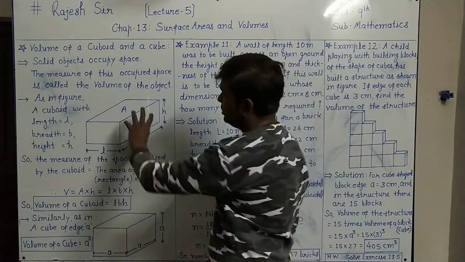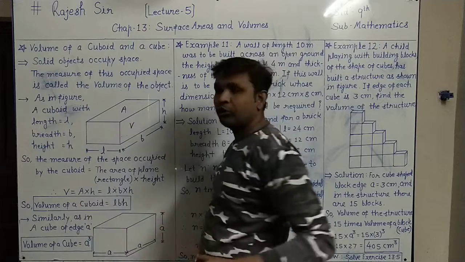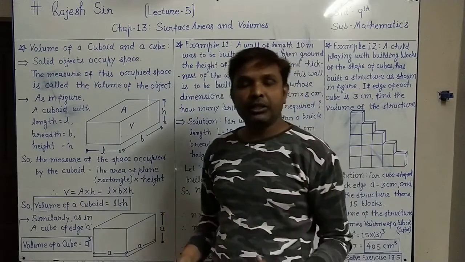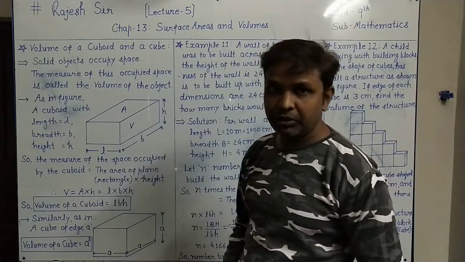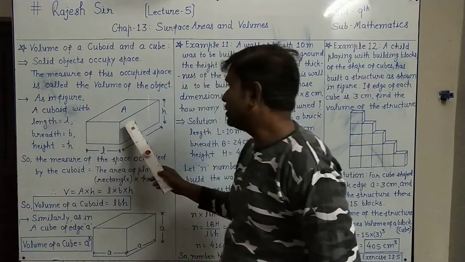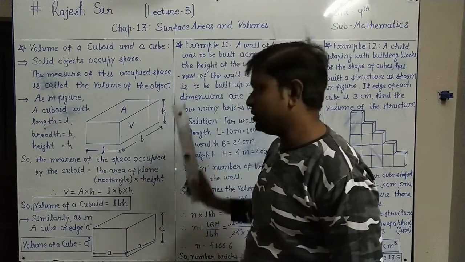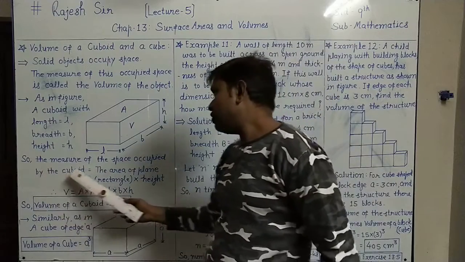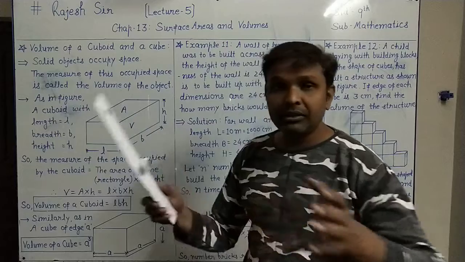The volume is the space it occupies. So as in the figure, a cuboid with its length as L, breadth as B and height as H. We want the measure of the space occupied by the cuboid.